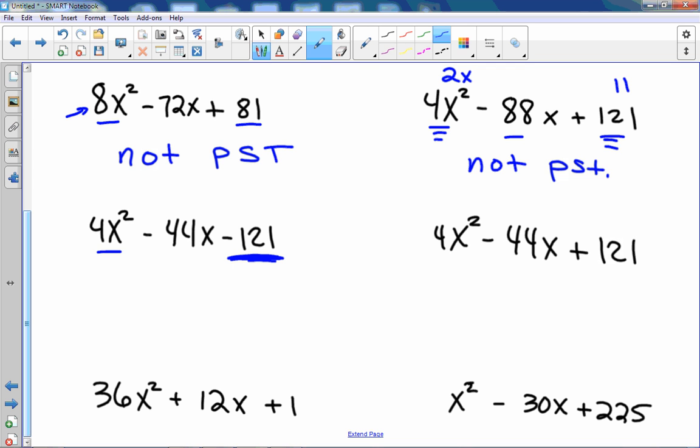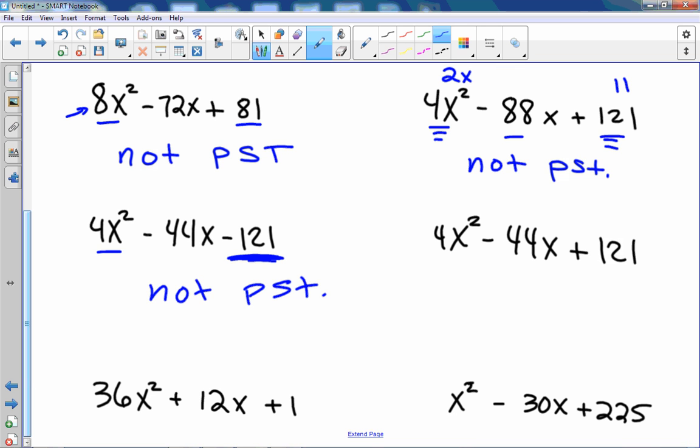You can look at it two ways here. 11 squared is 121. Negative 11 squared is still 121, because when we square a negative, it becomes positive. So a perfect square cannot be negative. So this is not a perfect square trinomial either.